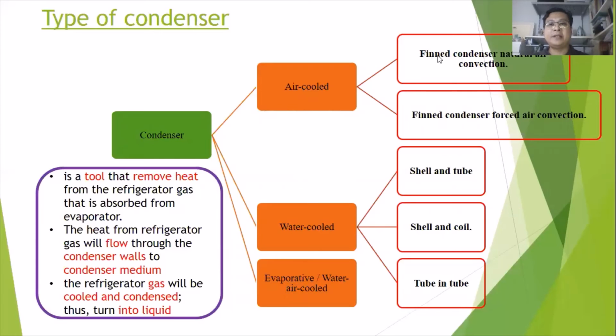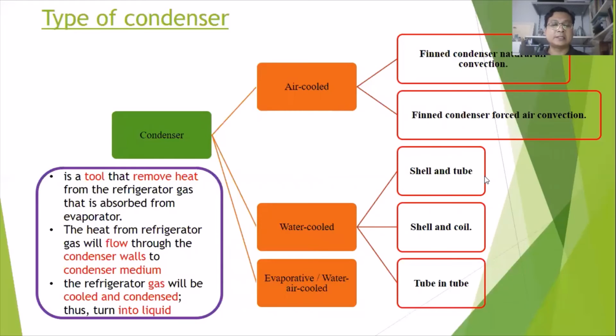Fin condenser with natural air convection is commonly used in condenser systems, and then fin condenser with forced air convection, by using forced air convection, or without a fan by natural convection. And then the water cooled type is shell and tube.